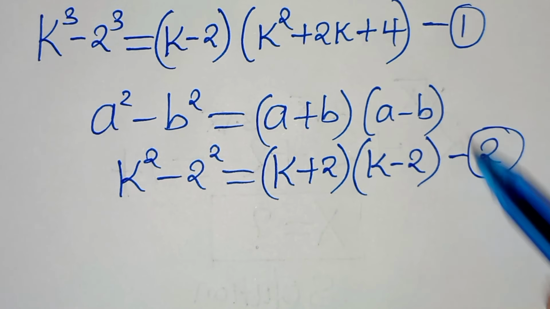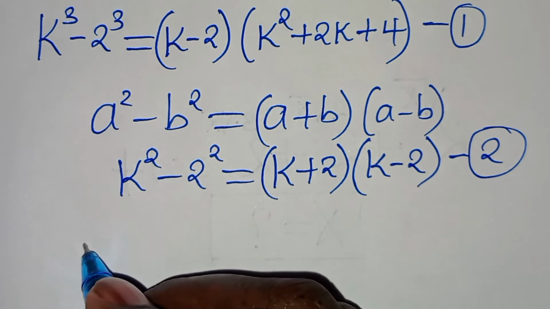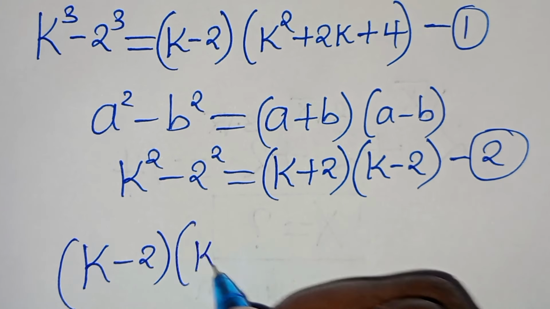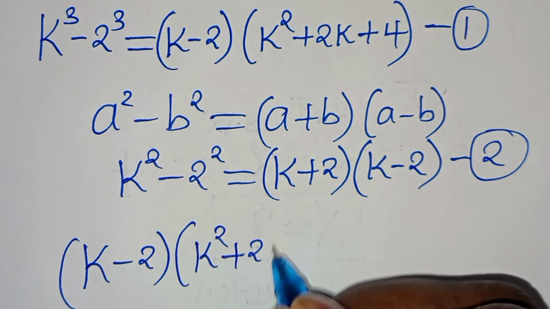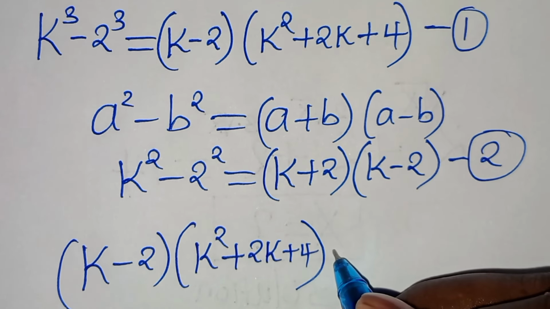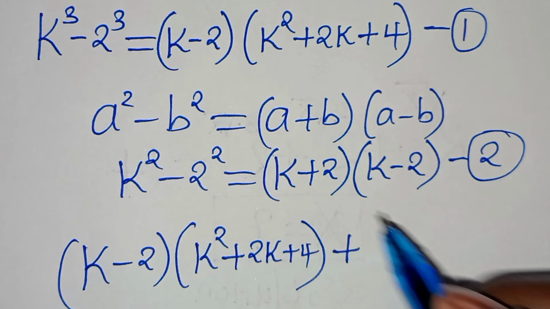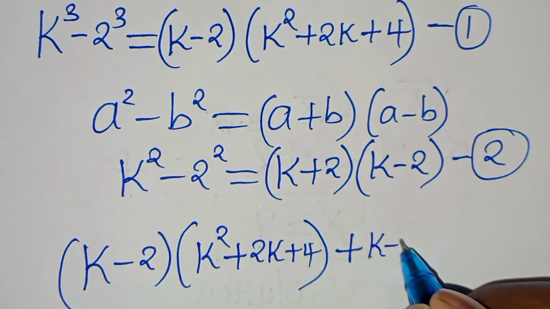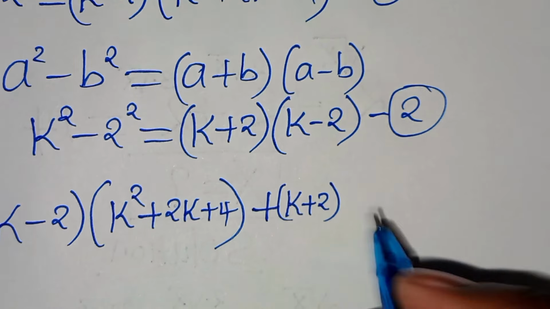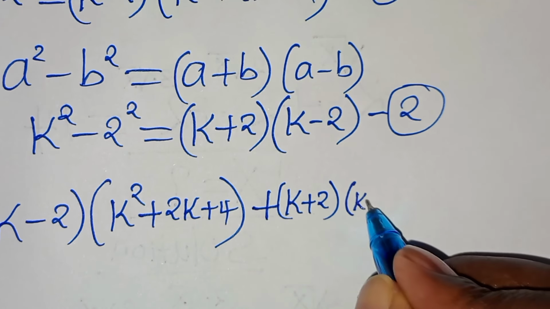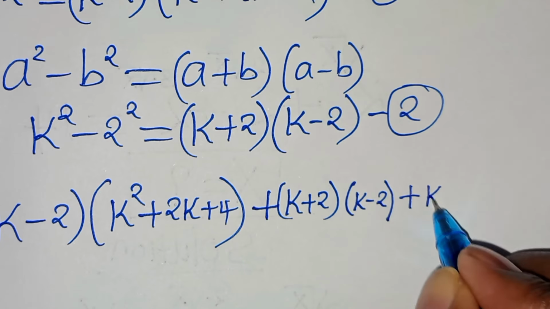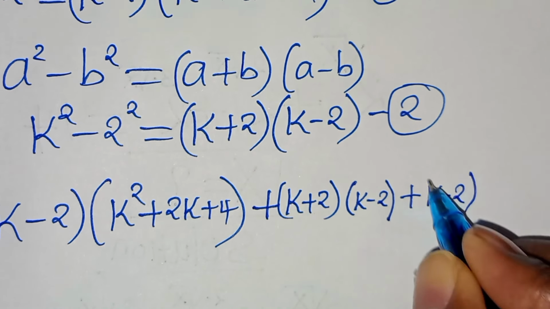Now, let's combine equation 1 and 2 so that we have k minus 2 times k squared plus 2 times k, which is 2k, plus 4. Then we have plus k plus 2 multiplied by k minus 2. Then plus k subtract 2, close the parenthesis.